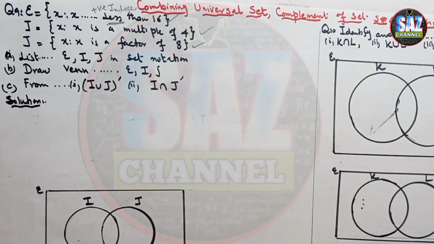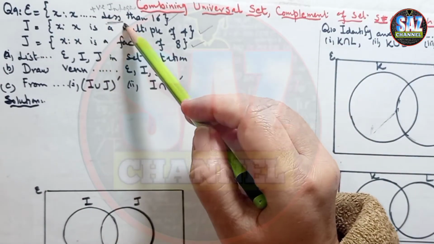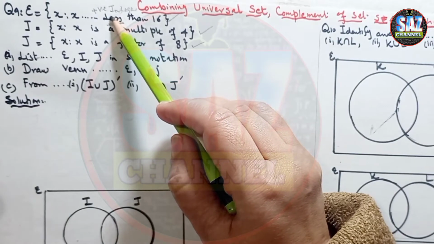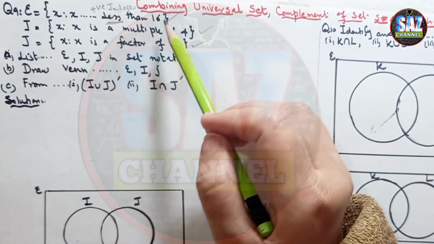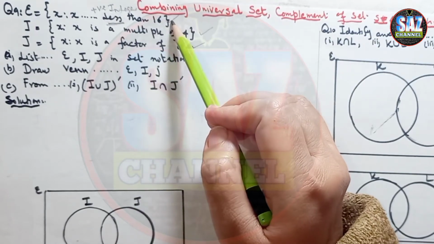Now here it's important to understand, as the question says that universal is the set of first 16 positive integers, but they have to be less than 16, so it means that 16 will not be included.